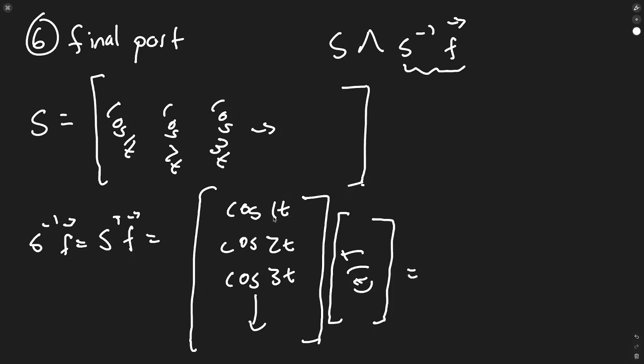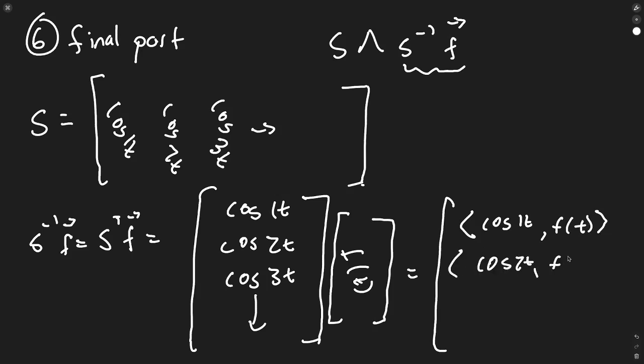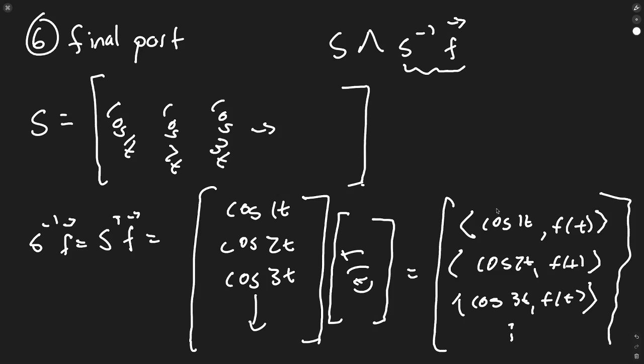So the inner product of cosine of 1t and f of t, the inner product of cosine of 2t and f of t, and then cosine of 3t and f of t, and so on. So what is this? This is your Fourier expansion. And that is exactly what S inverse times f is.